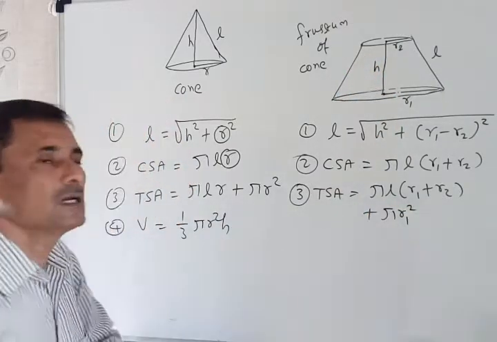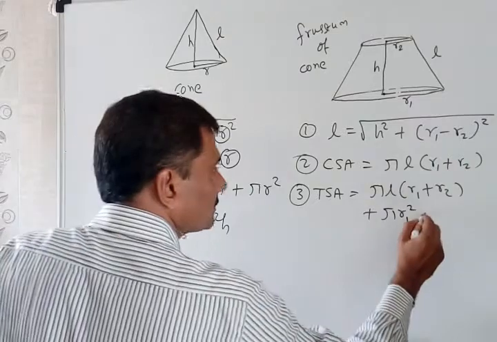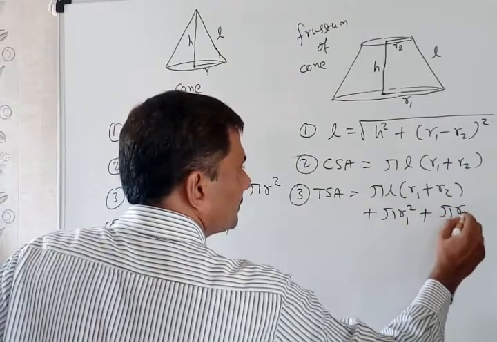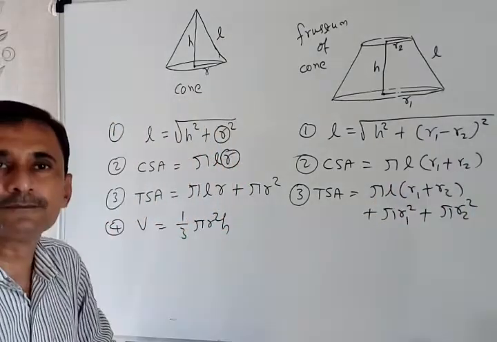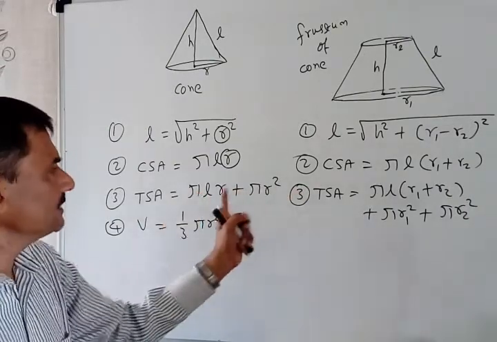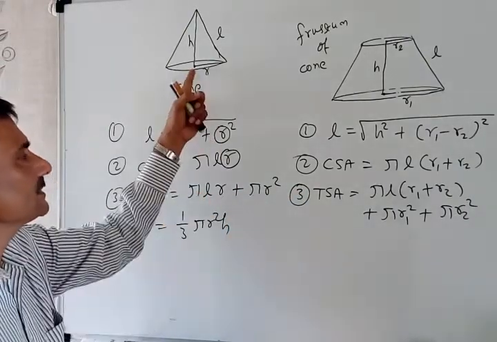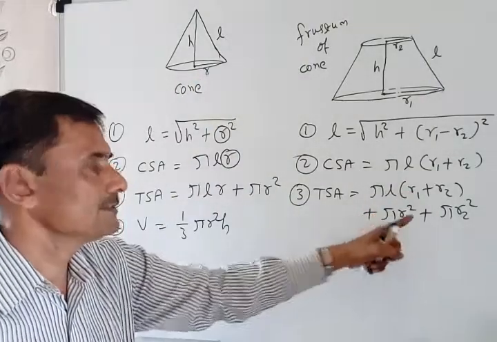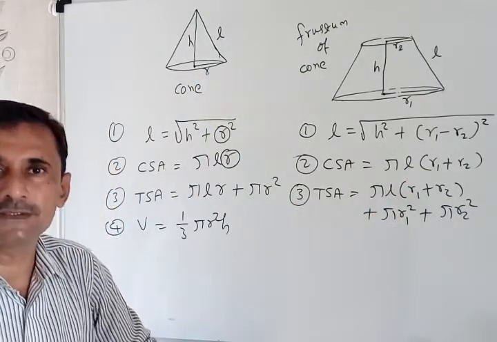Both bases are circular, so pi R1 square should be there, and pi R2 square. Just like that, for cone it is CSA plus one circular base, here CSA plus area of two circular bases.